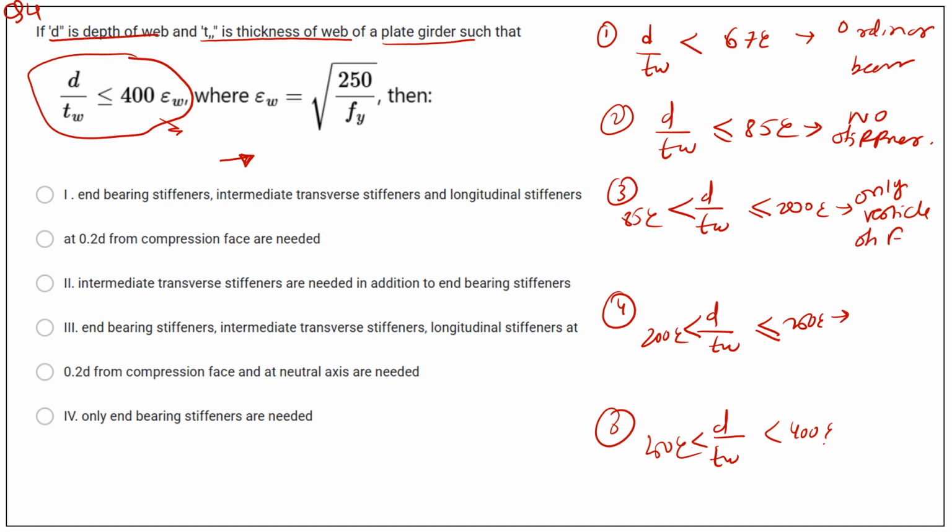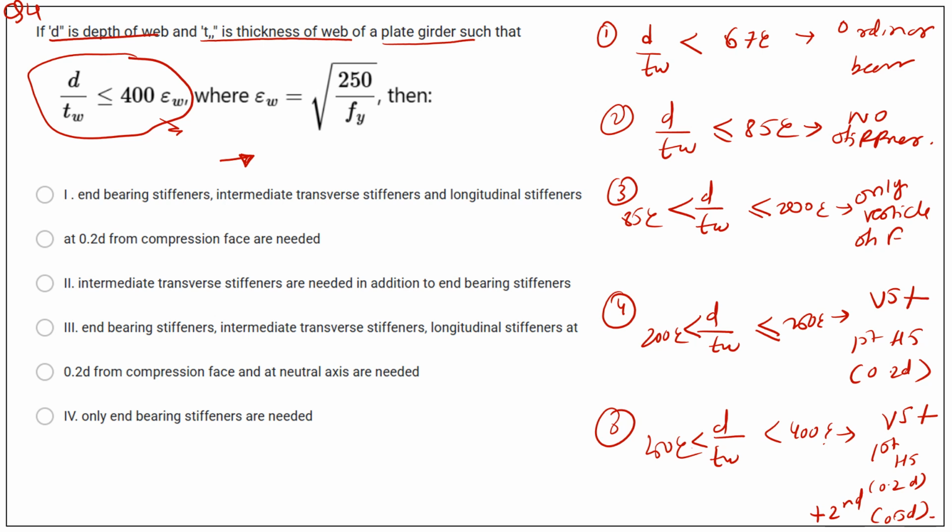For the next condition, vertical stiffener plus first horizontal stiffener are provided at 0.2D.